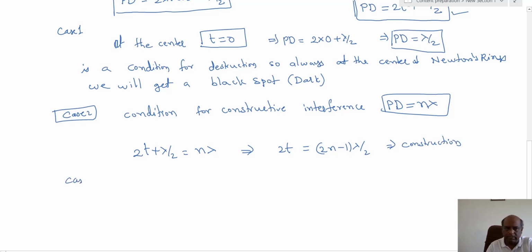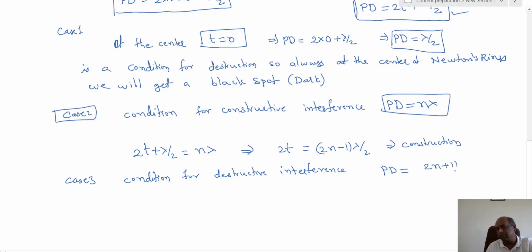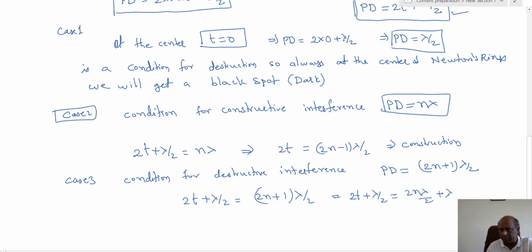And case 3, the condition for destructive interference. What is the condition for destructive interference? Path difference is equal to (2n plus 1) into lambda by 2. Comparing with this, 2t plus lambda by 2 is equal to (2n plus 1) into lambda by 2, which means 2t plus lambda by 2 is equal to 2n lambda by 2 plus lambda by 2.